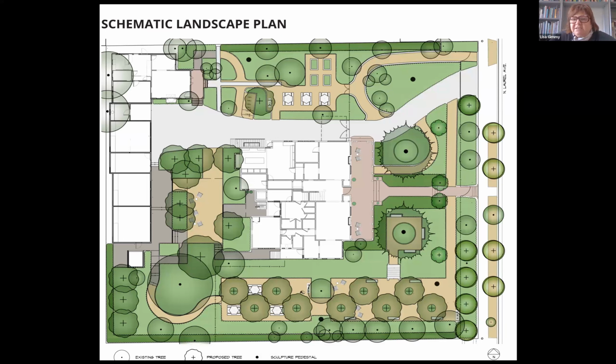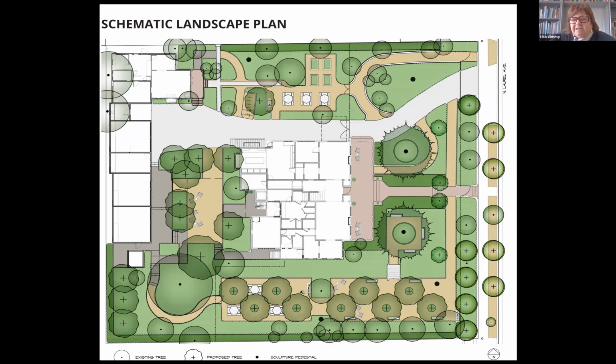So when we select our materials for the project, what we'll be looking to do is to build on the beautiful assets that the site has, the incredible cedar trees.